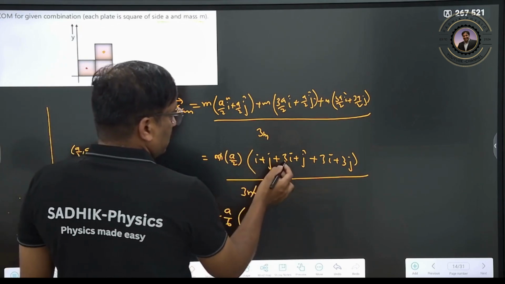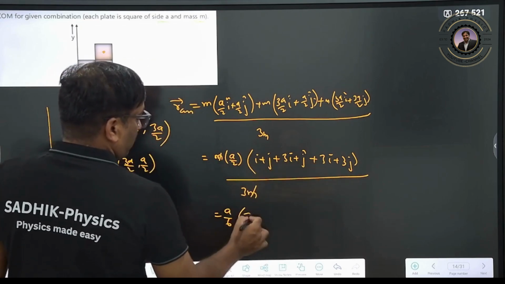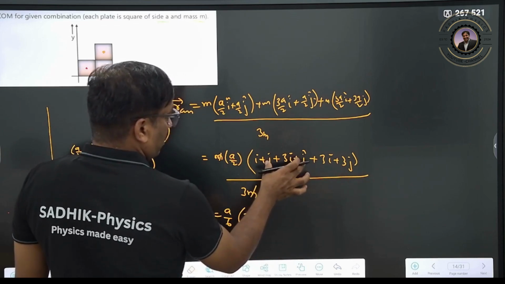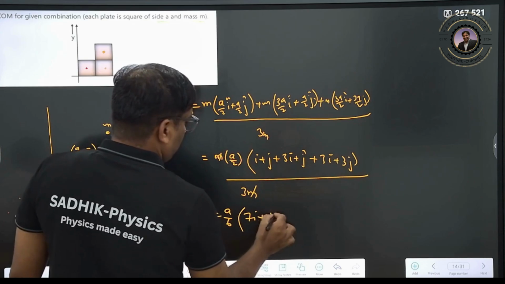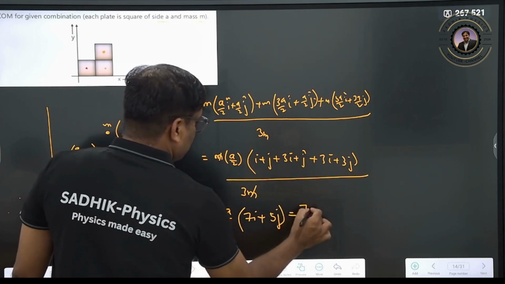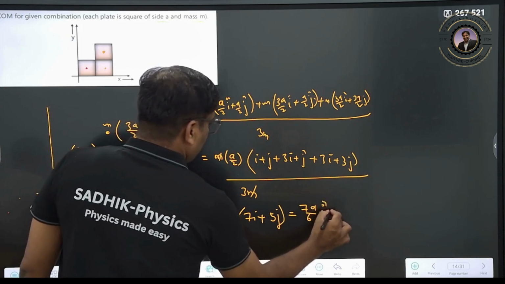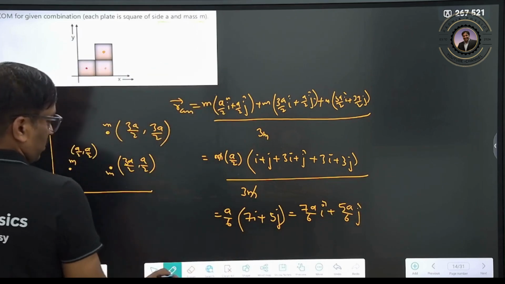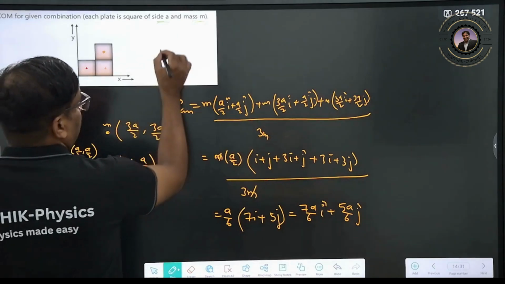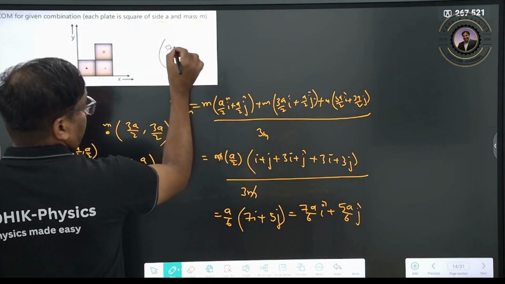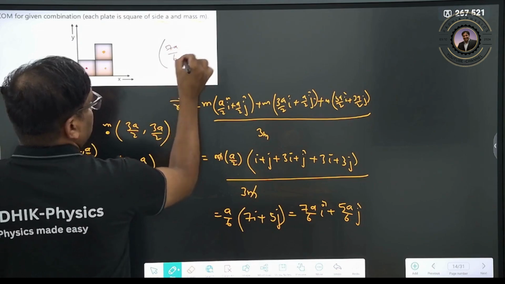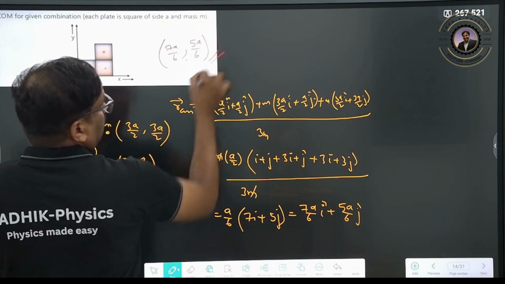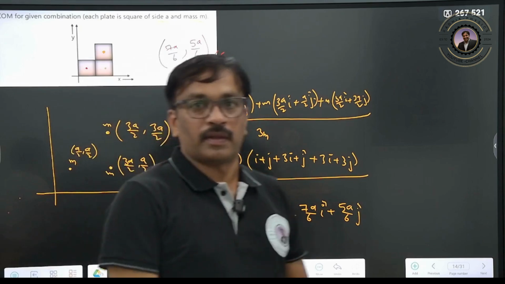Then 1 plus 3 plus 3 is 7i, and j plus j plus 3j is 5j. So you can write 7a by 6 i cap plus 5a by 6 j cap. The center of mass here is 7a by 6 comma 5a by 6. This will be your answer. Clear?